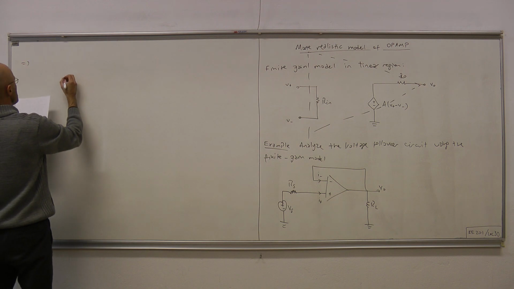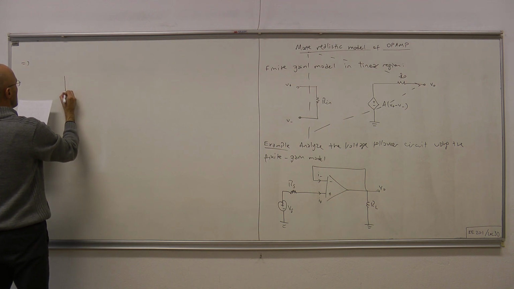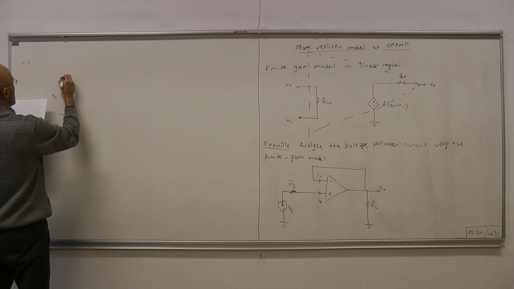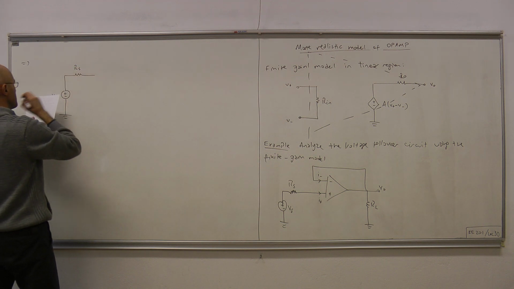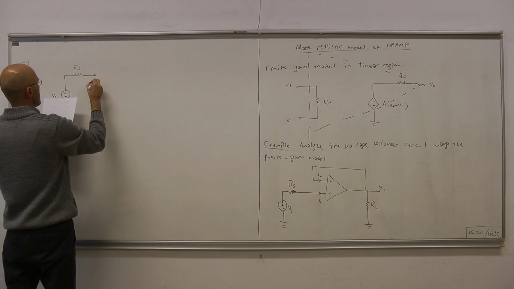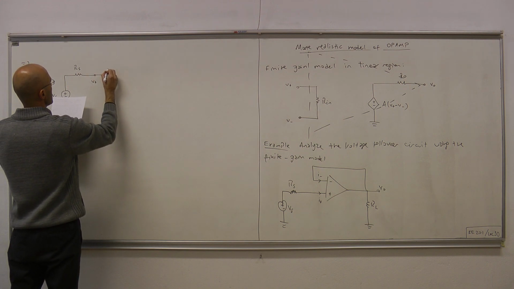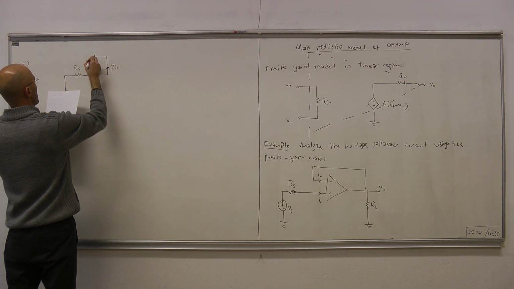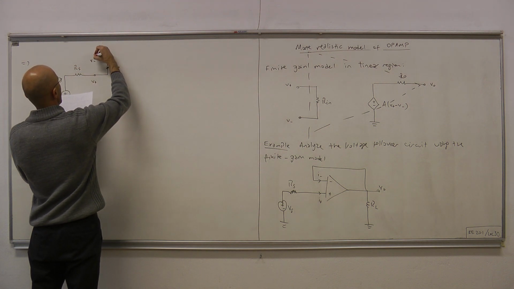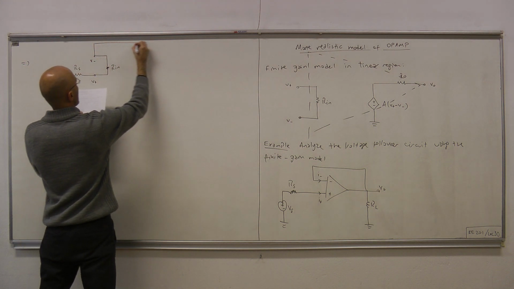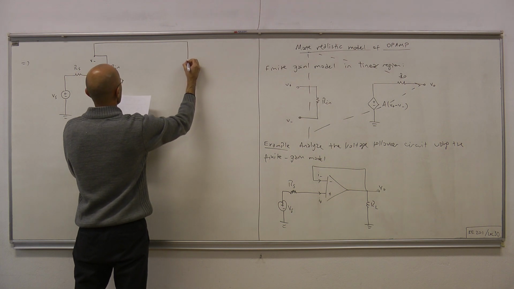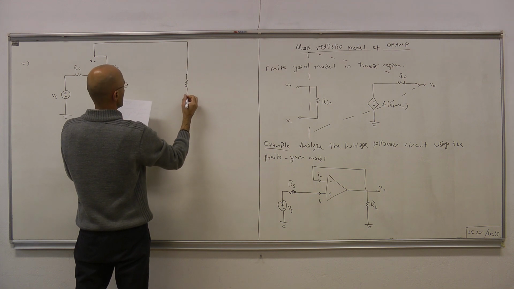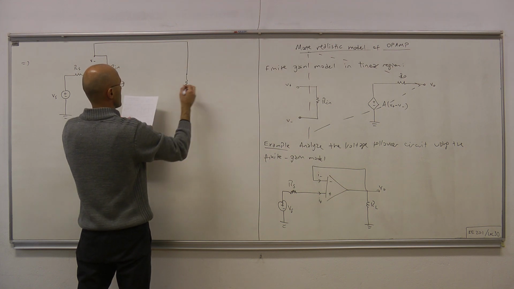So this yields plus minus, and we have Rs, and we have V plus, and we have Rin. Here we have V minus, and here we have our negative feedback connection, and here we have the output node. This is RL.